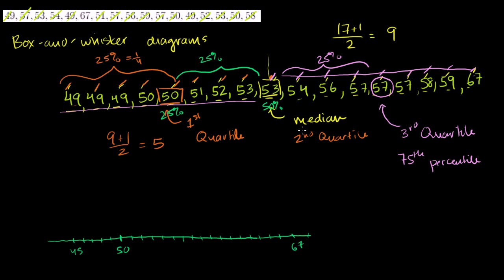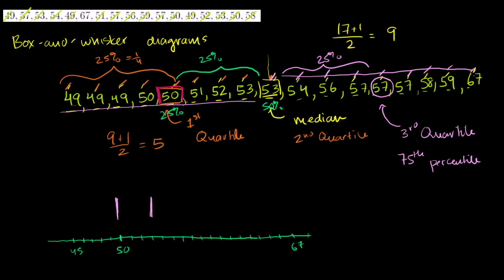We have our median, our second quartile. Our second quartile is 53. 1, 2, 3, 53. It's right here. 53 is right there. Our first quartile, the number that is greater than 25% of the values, is 50. It's 50 right there. Let me color code it.